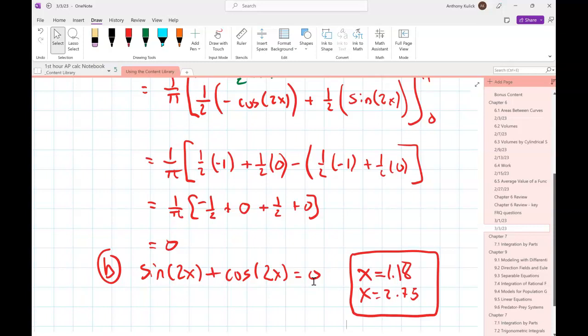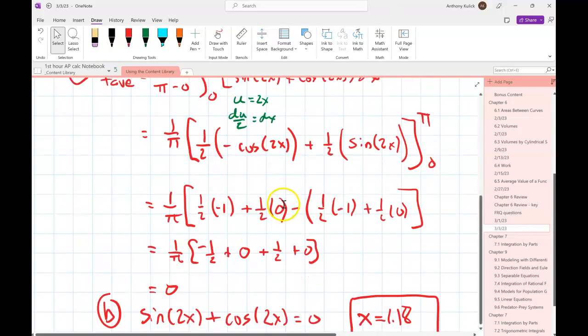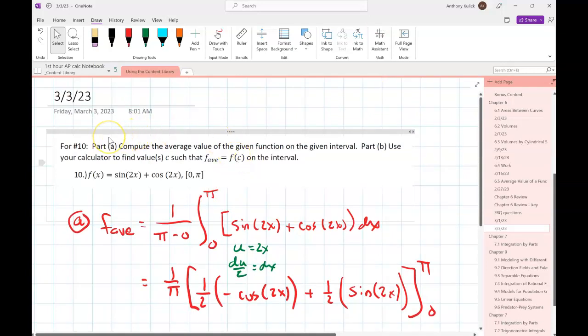Standard solving trig. Should be able to do it, but I don't think you would need to do it by hand. I'm just pointing out that we could have.